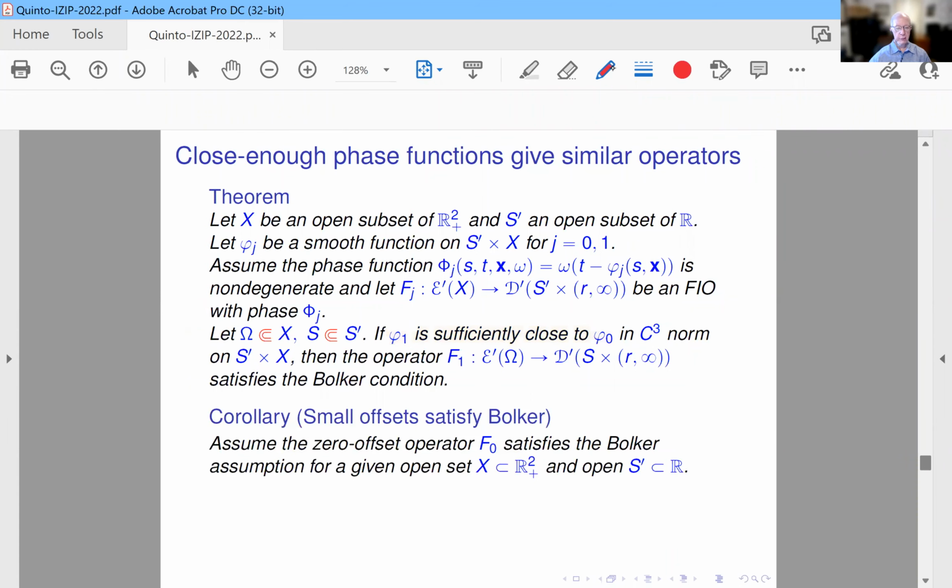Before we go through the proof, let's state a corollary. So assume we have a travel time and assume the 0 offset operator satisfies Volcker, for a given open set S and X and S prime. Then we take these precompact subsets.